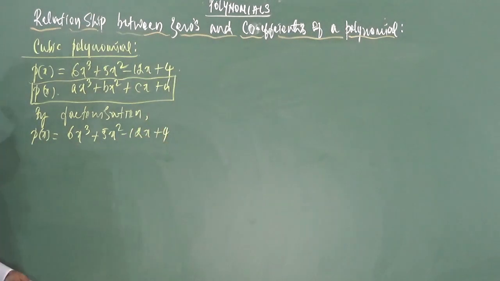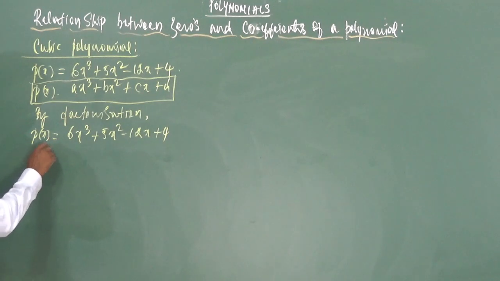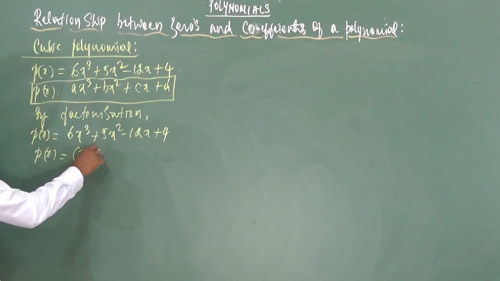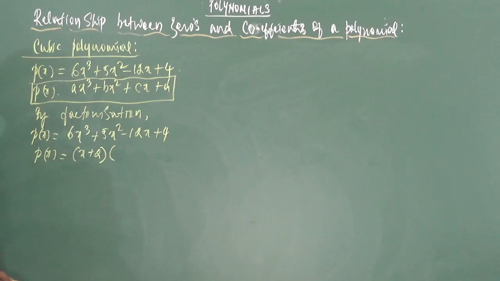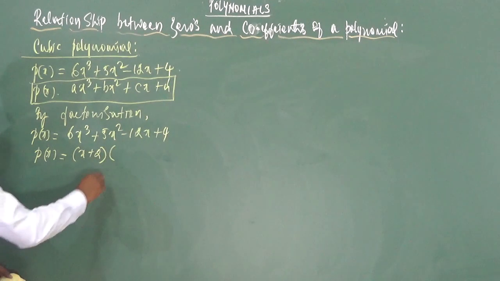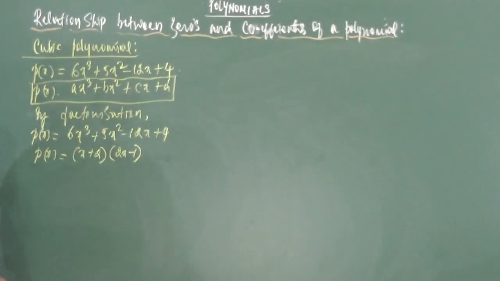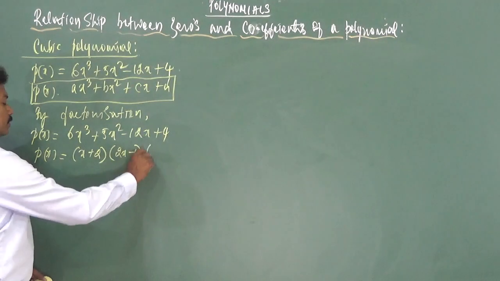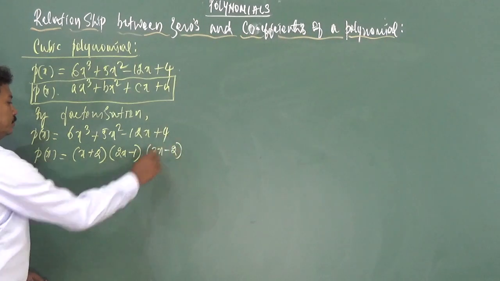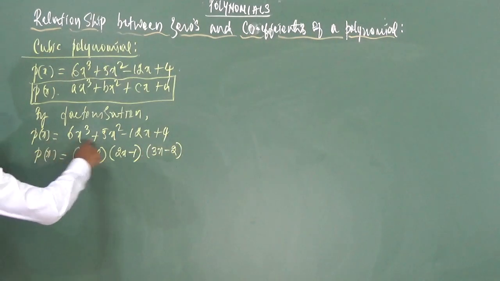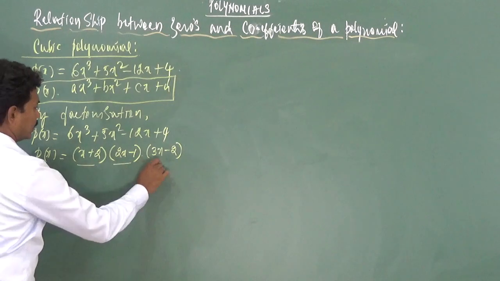The factors of this cubic polynomial will be: one of the factors is x plus 2, another factor will be 2x minus 1, and we should also have a third factor because there are 3 zeros, so the third factor is 3x minus 2. Okay. So for this cubic polynomial there are 3 factors.